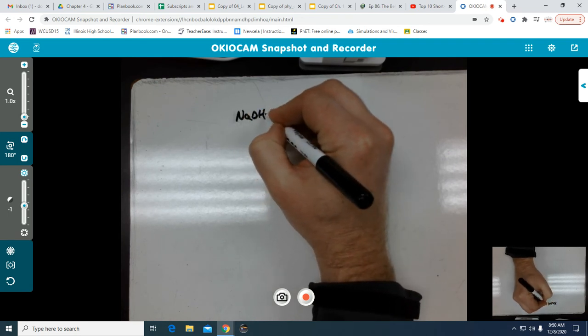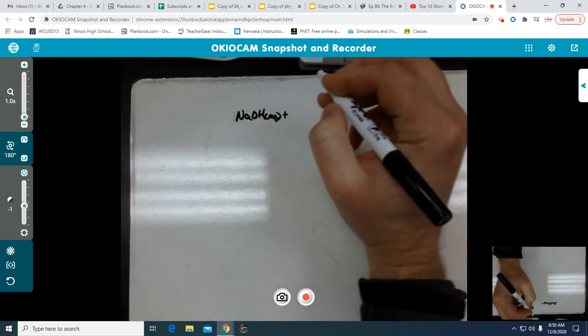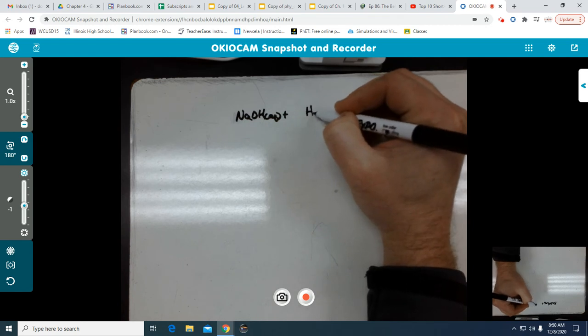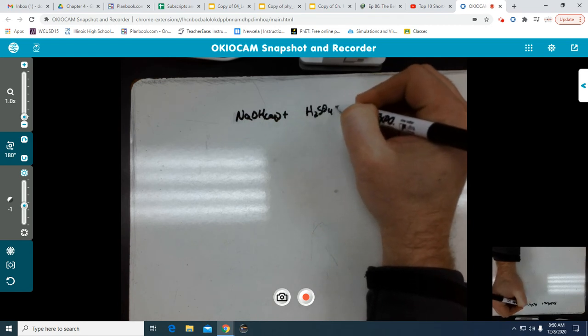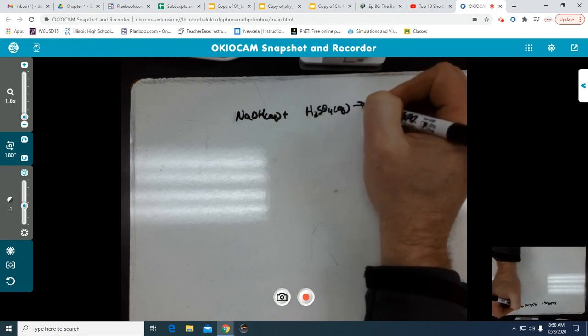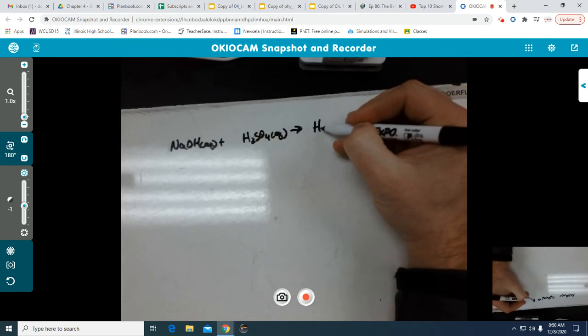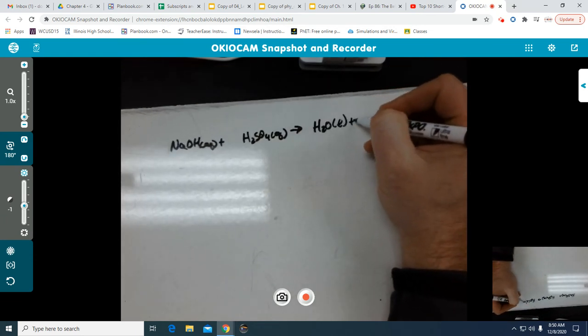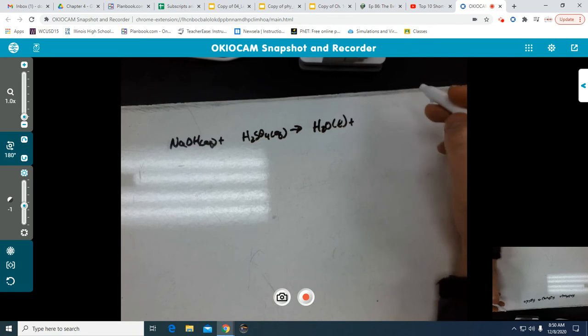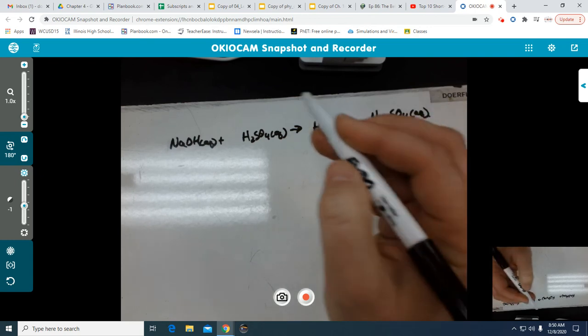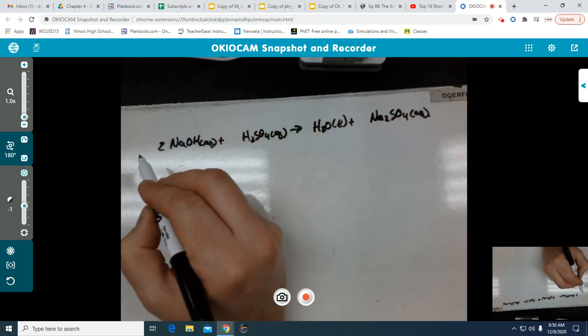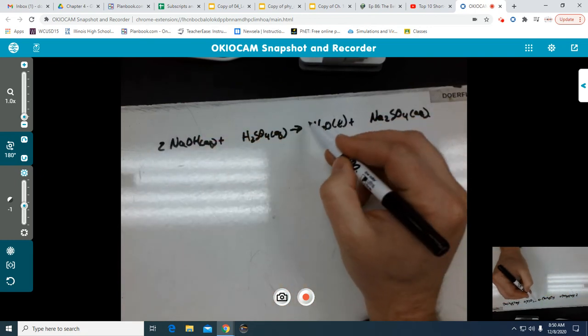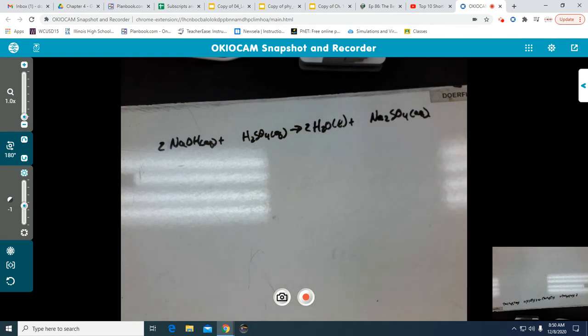Sodium hydroxide plus sulfuric acid is going to form water in the liquid form plus a salt, Na2SO4. To balance this, I need to place a 2 in front of the sodium hydroxide and a 2 in front of the H2O.